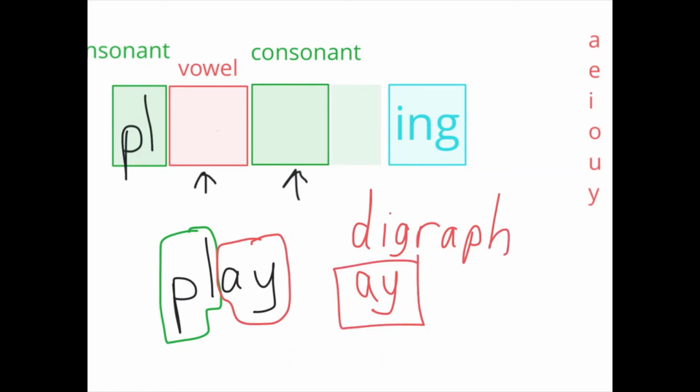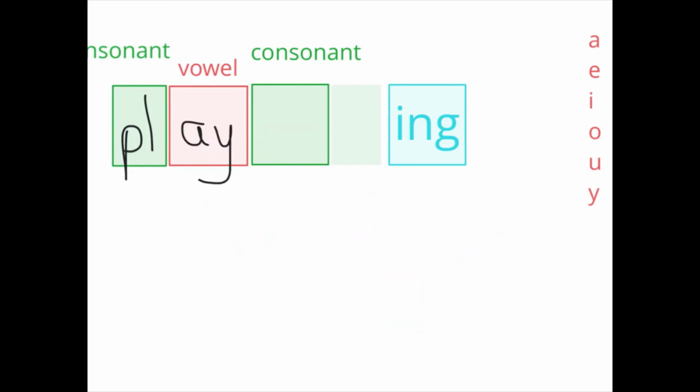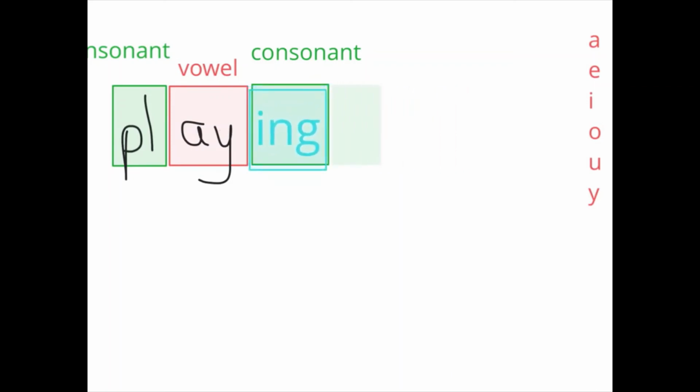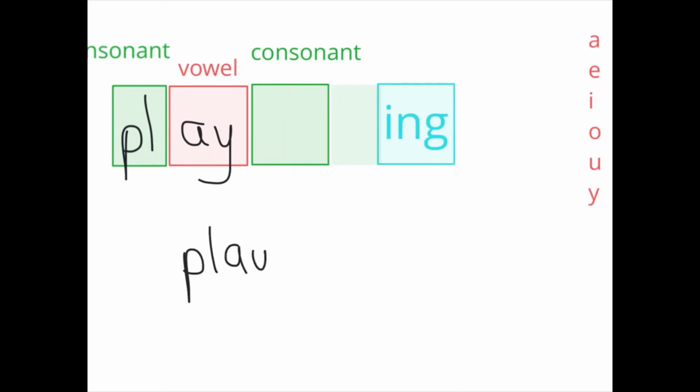So that is the vowel sound in the word, and we are going to write it right here. So in the word play, there is no consonant sound at the end. Not having a consonant here, there's no consonant to double. So with play, we are just going to add ing. It will look like this. Play, and then we add ing, playing.